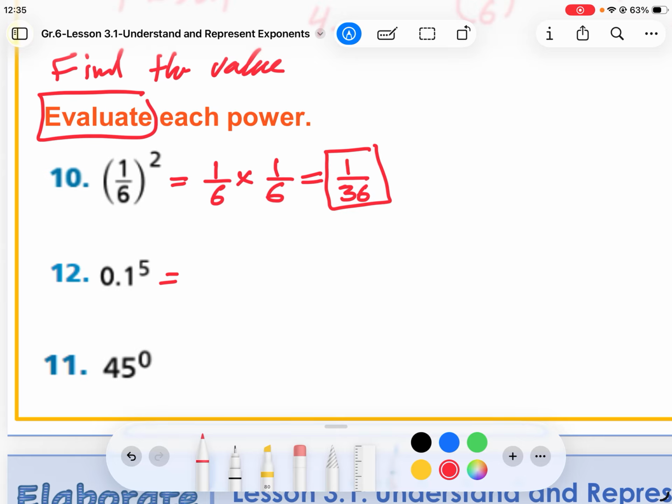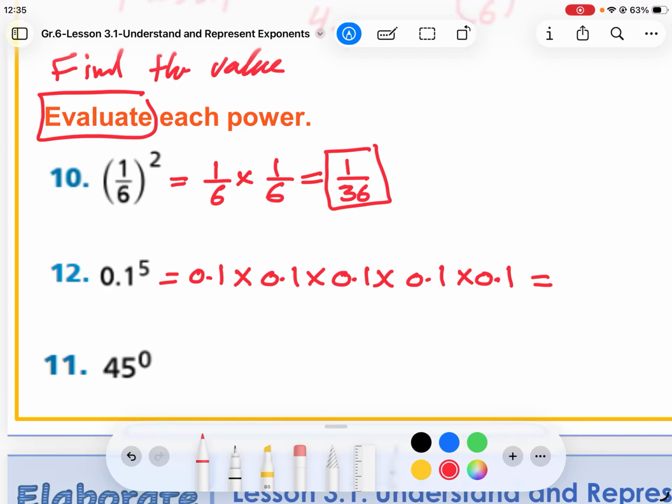Now, let's go here. 0.1 to the power of 5. That means you have 0.1 times 0.1. So that means you should multiply 0.1 by itself 5 times. Okay, guys? So I wrote it 5 times. So usually, how do you multiply decimals? Number 1, remove the point, ignore it.